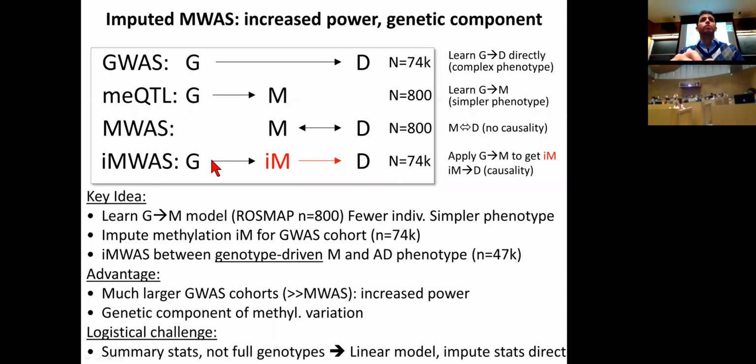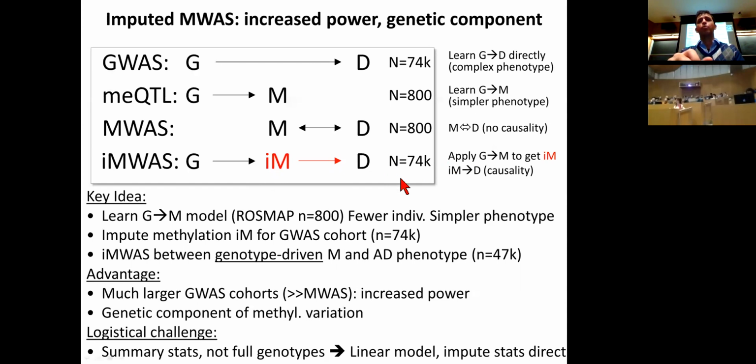It's much easier to get somebody to donate their genotype, donate their brain, because they're usually not done using it if you ask even nicely. So we can basically impute methylation for 74,000 people and then correlate that imputed methylation with disease.